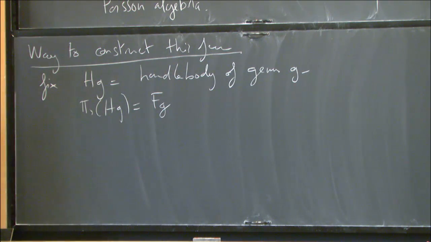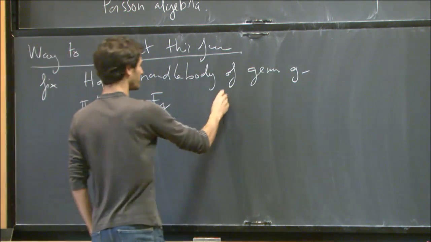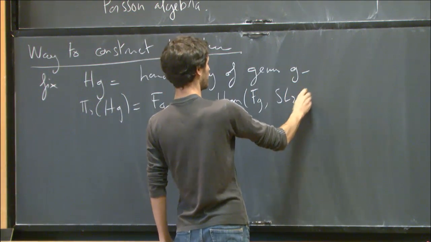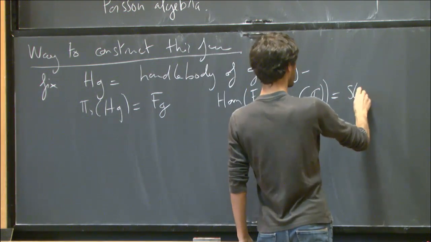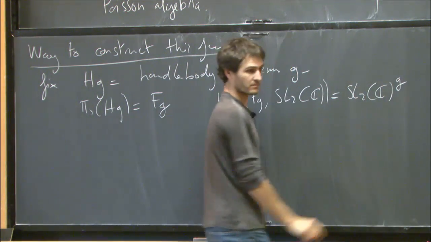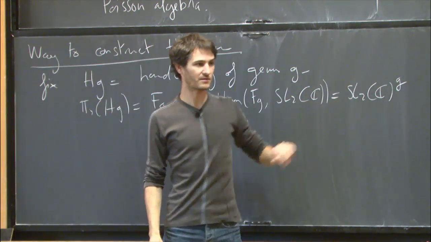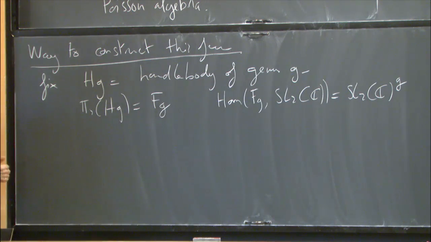So the set of representations is very easy to write down. The homomorphisms from F_g to SL2C is just SL2C to the g. So fix g matrices. But this is a Lie group, so it has a Haar measure.